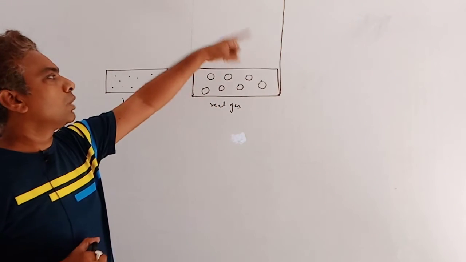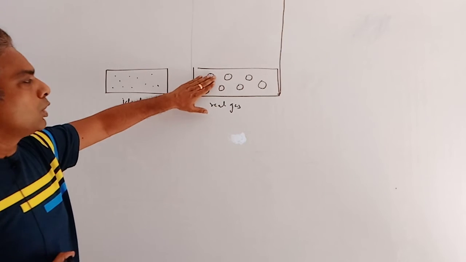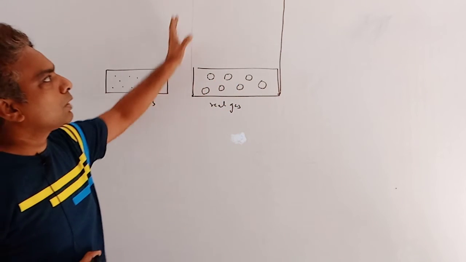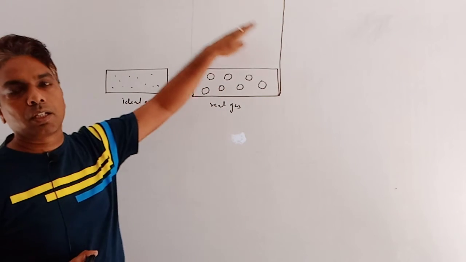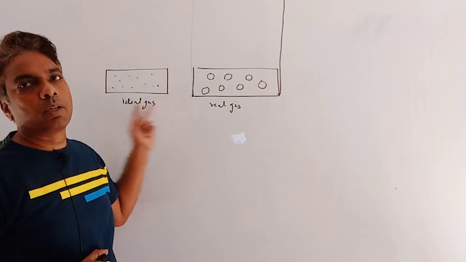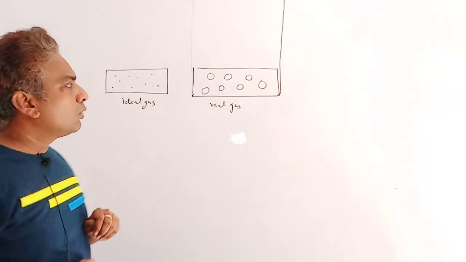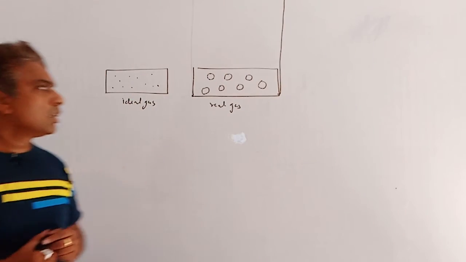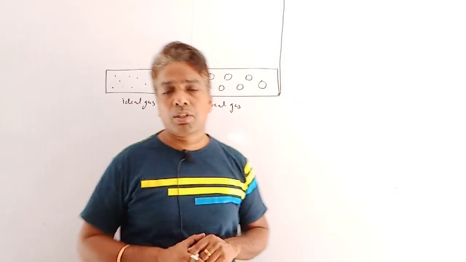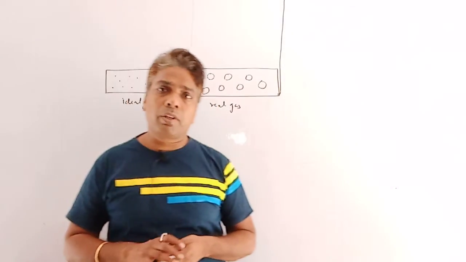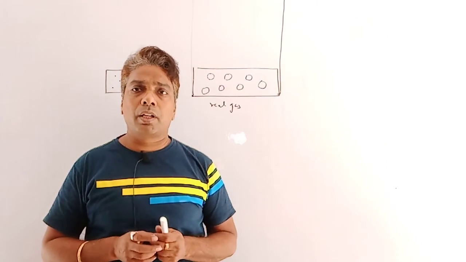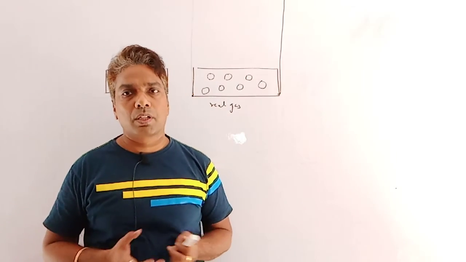If volume is too high, then the volume occupied by the real gas particles is negligible with respect to the total volume occupied by the real gas, and a real gas behaves as ideal. So for increasing the volume, we have two conditions of temperature as well as pressure. At very low pressure, volume becomes high, and at very high temperature, volume becomes high.